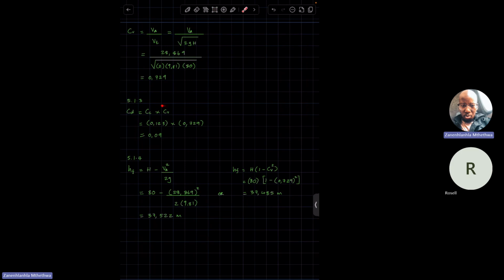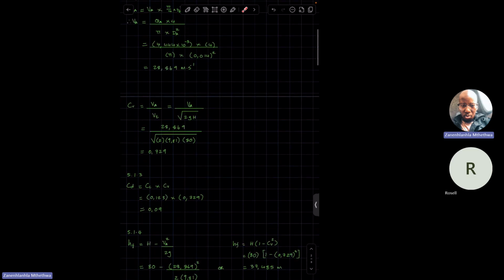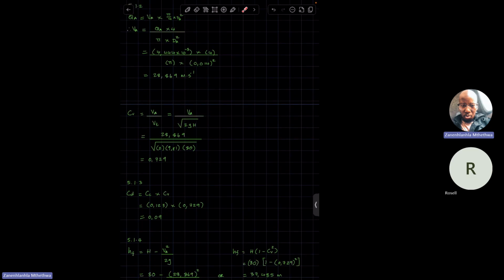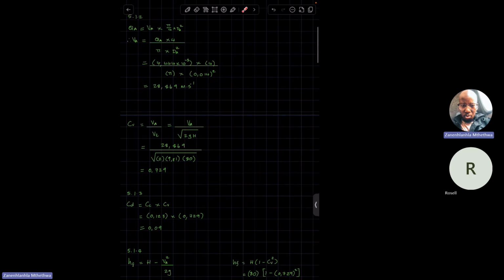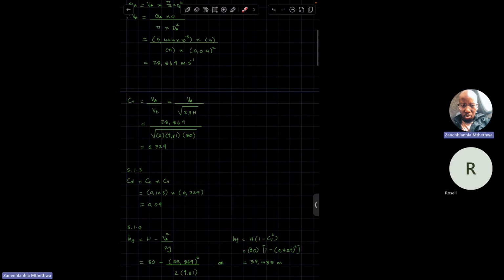So that's the formula I used, and then I substituted what I got at the top, and this is what I got. So CD is 0,09. Now, one of the ways you can tell if your coefficients are correct or not is that the coefficients are always less than 1.